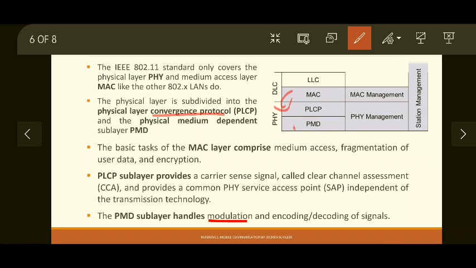Transmission technology refers to the type of modulation, or encoding or decoding, that is used by the physical layer. So if you are accessing a medium in a different way, your transmission technology will change. So what PLCP does is provide a common connection for all types of medium access schemes and all types of transmission technology.